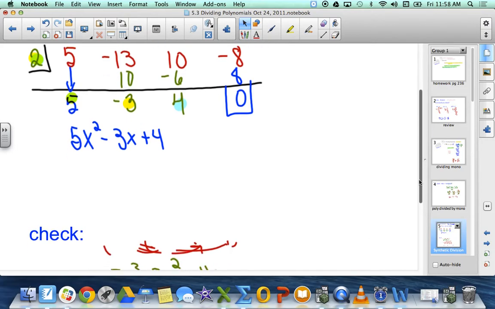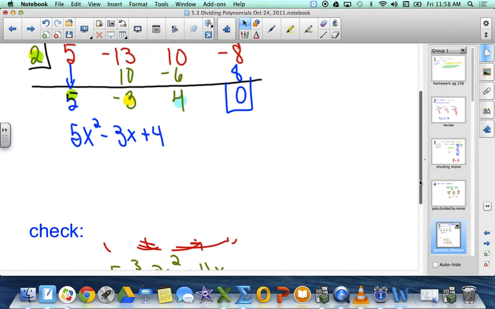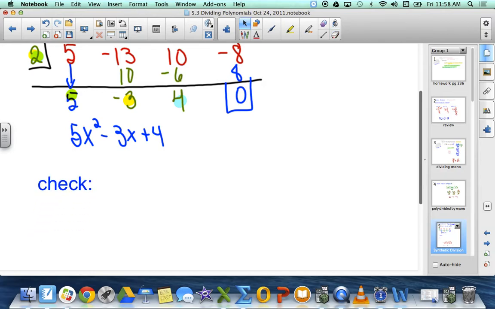Now we can check the answers just like we would check our answers when you had long division. And I would like you to check 2 of these by hand tonight. One that has a remainder and one that does not. So we'll take our divisor, which was x minus 2. That's the divisor.